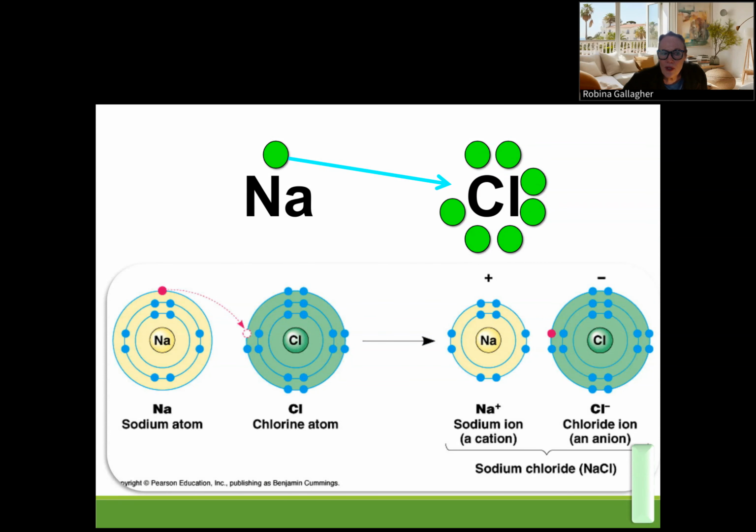So if sodium gives chlorine this electron, sodium becomes positive, chlorine becomes negative, and then they're attracted to each other in an ionic bond, and it forms sodium chloride. So you can see this ionic bond.